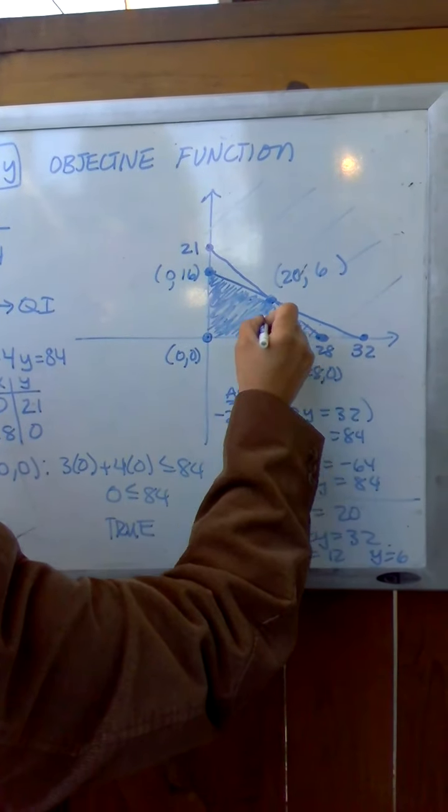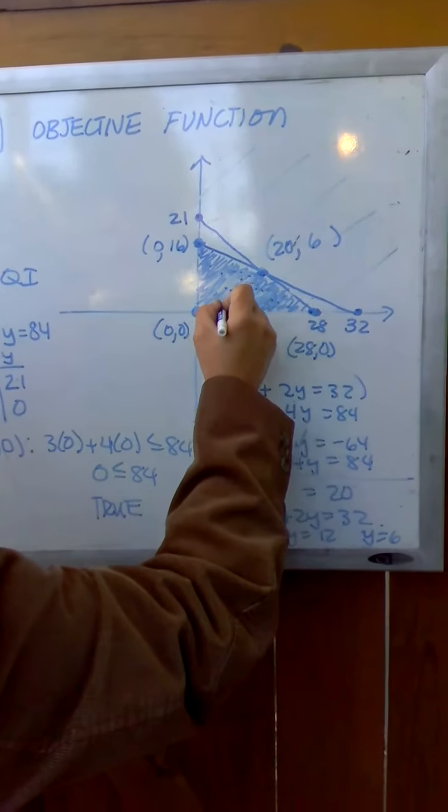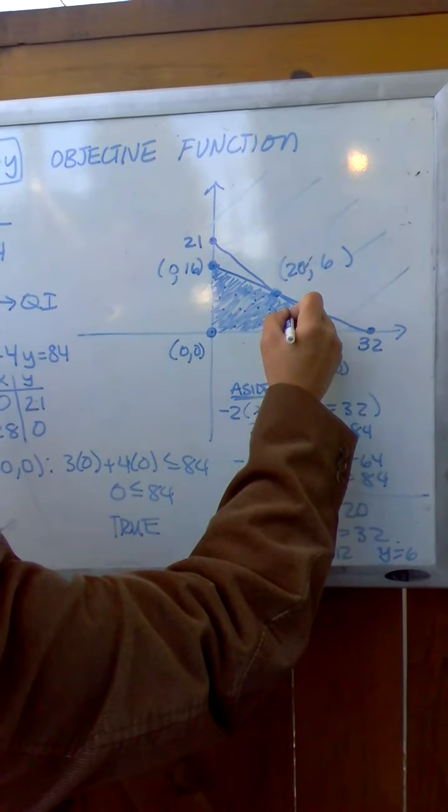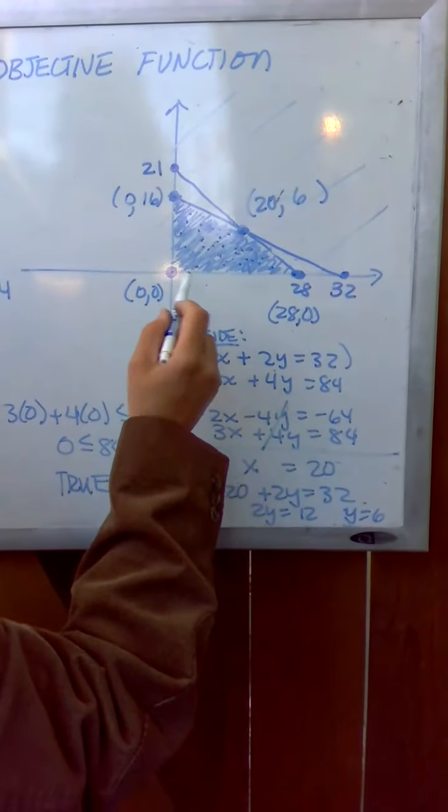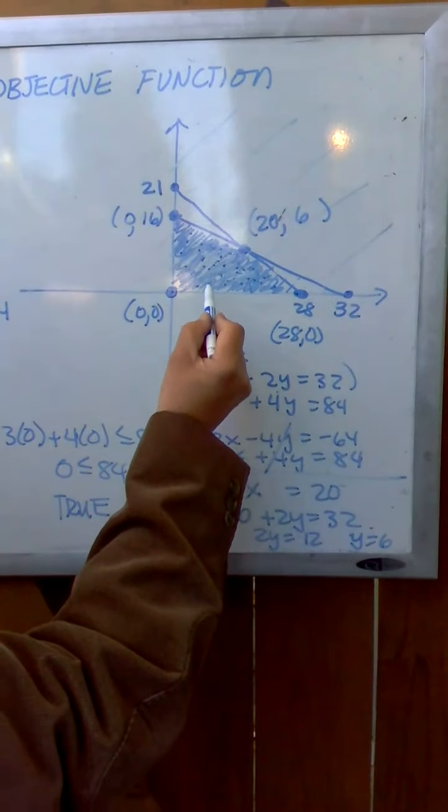So there are a bunch of points in here. If we try testing every one and find out which one is our maximum profit, that's going to take forever too.